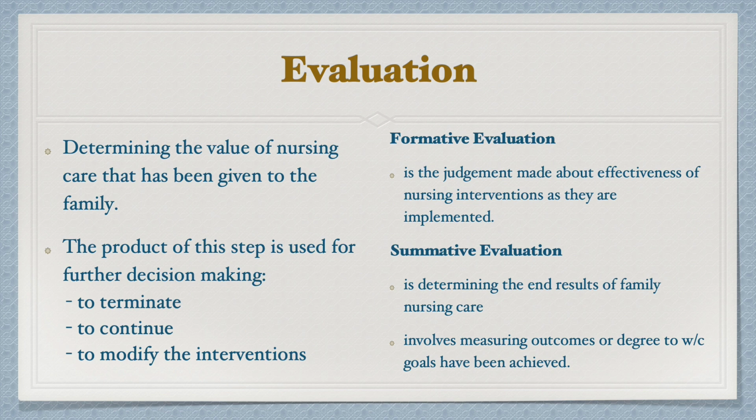Results of the evaluation will guide the nurse and the family in updating the plans as necessary. Then the summative evaluation is determining the end results of family nursing care. So it involves measuring outcomes or the degree to which goals have been achieved.